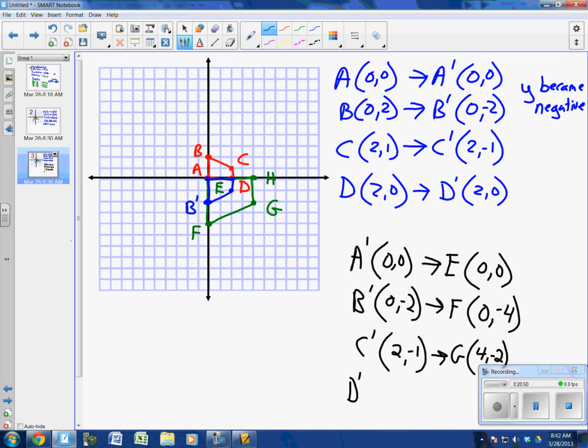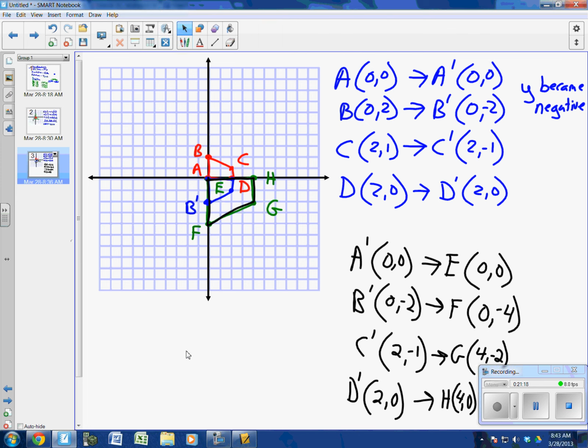D prime, 2, 0, is going to go to where? It's going to go to H, which is at 4, 0. And so if I was to outline that, it's going to be right there on EFGH, right?